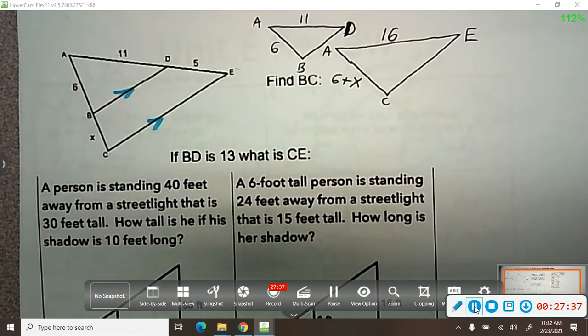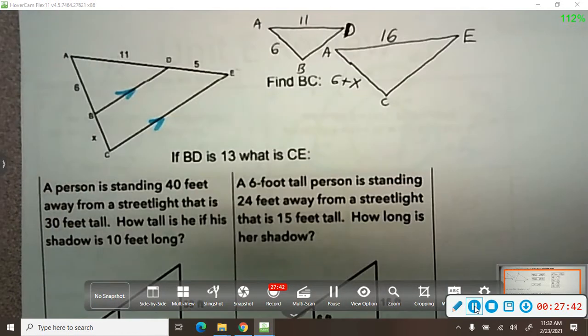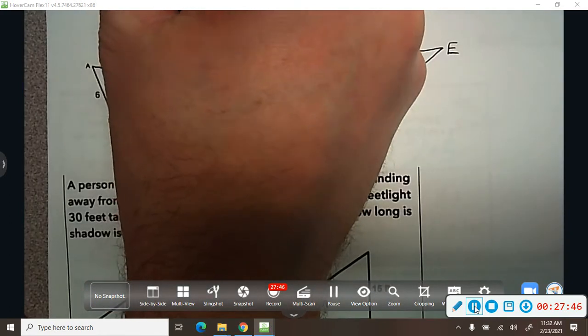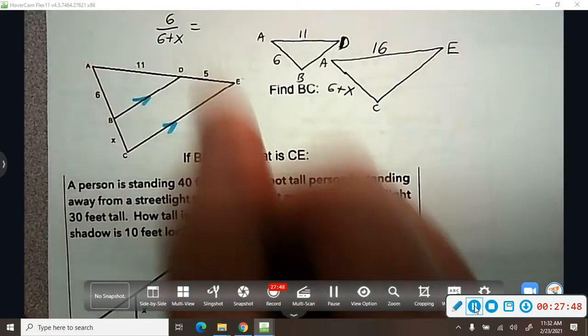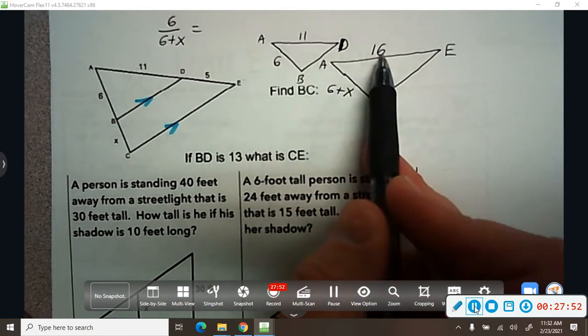So then I could set up my proportion that's 6 over 6 plus X goes 11 to 16.